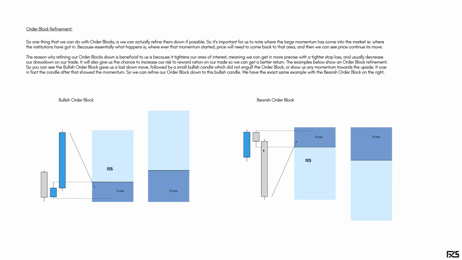As you can see, this is large momentum, so we can refine it down. This is our order block with a 15 pip stop loss, which includes the wick. This is the wick. We can put our stop loss at that wick or just above, giving ourselves a bit of room to breathe, and it's still 15 pips, whereas the original order block is 25 pips, as you can see here.